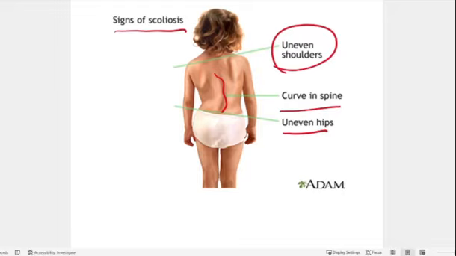Okay, the structural scoliosis is something that would not disappear by anything. That's a true change in your structure, a true change in your vertebrae, so the scoliosis, whether in the standing or lying down, would not change.